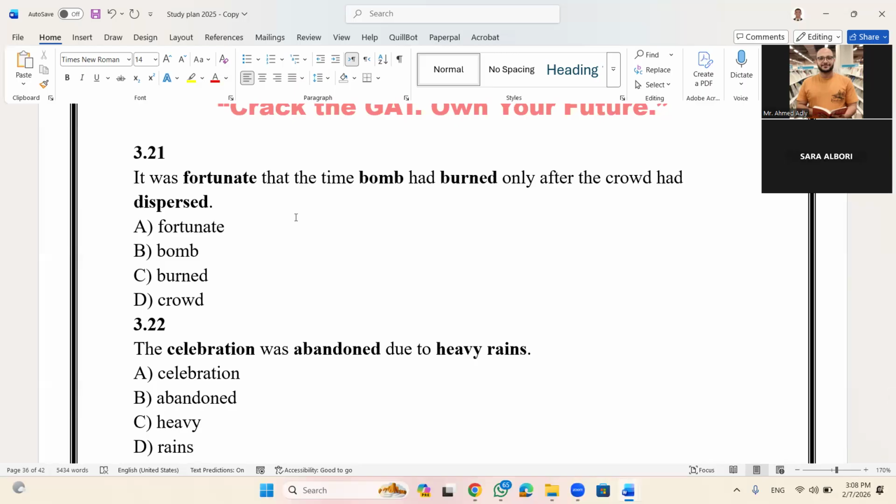People were lucky because the bomb went off after the crowd went away, dispersed. It's burned. What happens to a bomb? A bomb usually explodes, right? Or the bomb blew off.